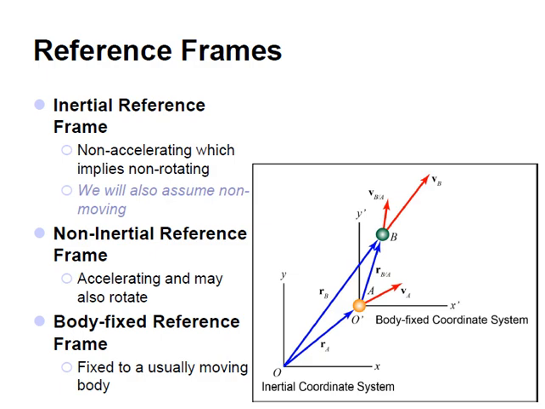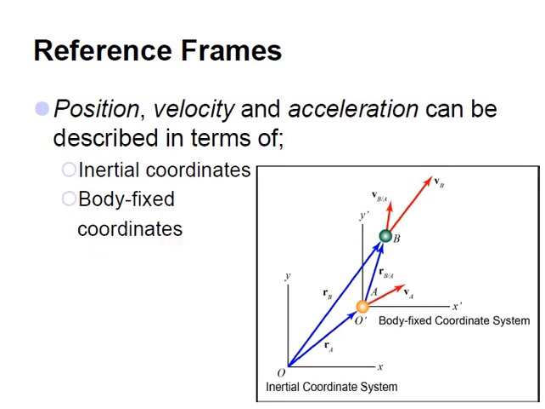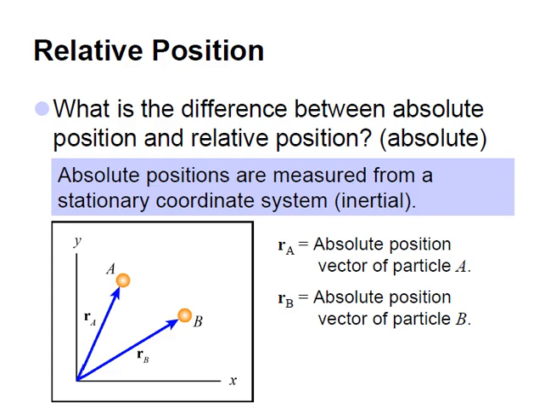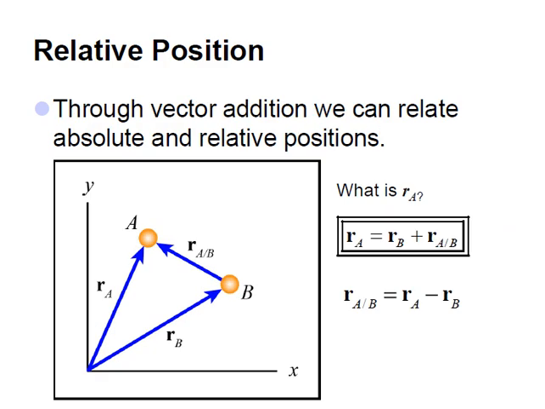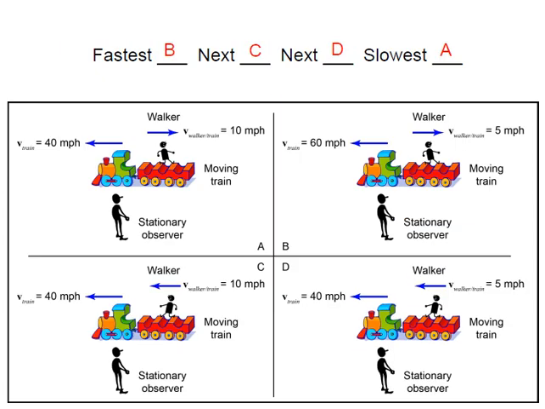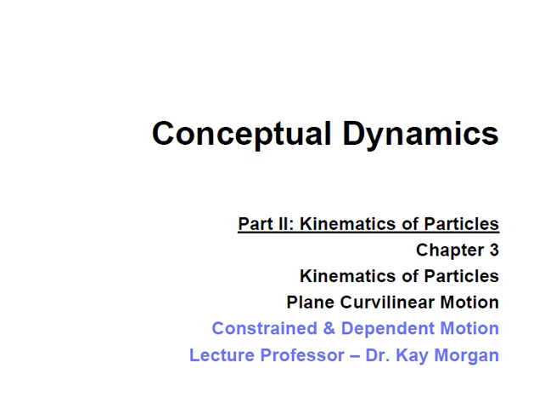That's where relative motion comes in, and the reference frame is very important, because you will be studying two objects in motion and trying to understand how each motion affects the other. Since we have relative motion, we have relative position, then relative velocity and acceleration, and then it goes straight down to constraint and dependent motion.